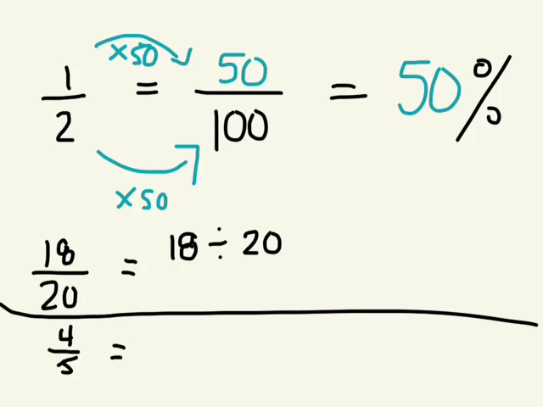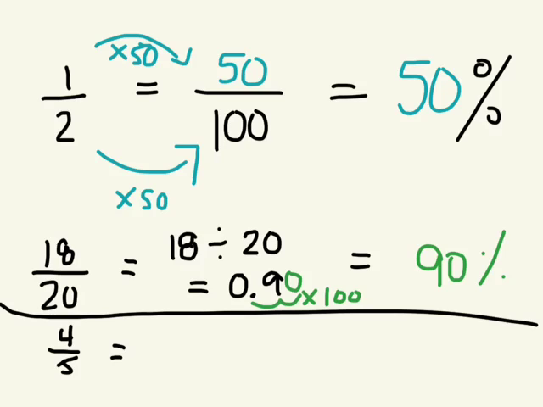You're turning it into a what? Decimal. What's 18 divided by 20? 0.9. How do I go from 0.9, a decimal, into a percent? Move the decimal 2 places to the right. We have 90%. Excellent.